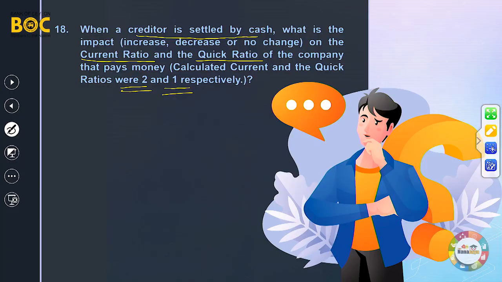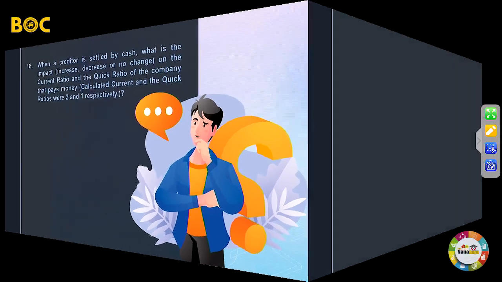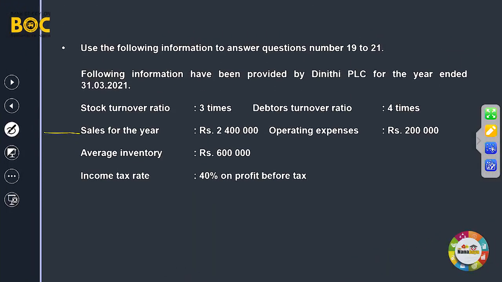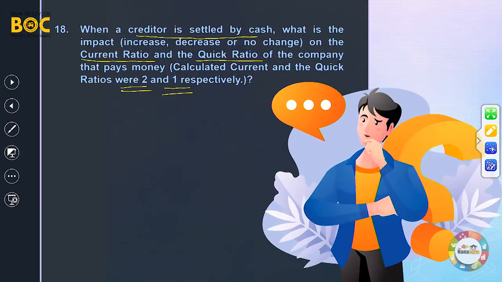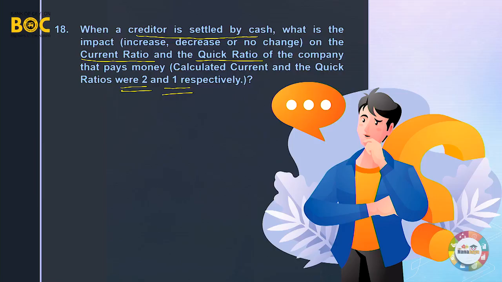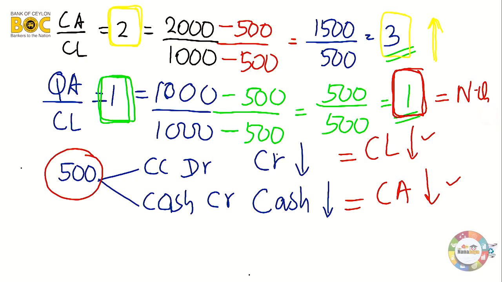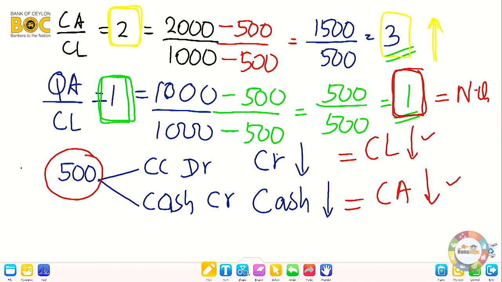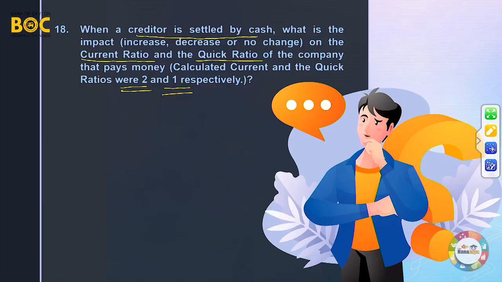Now you can write the answer. The current ratio was earlier 2, now 3, so the current ratio increases. The quick ratio has no change; earlier and now both are 1.